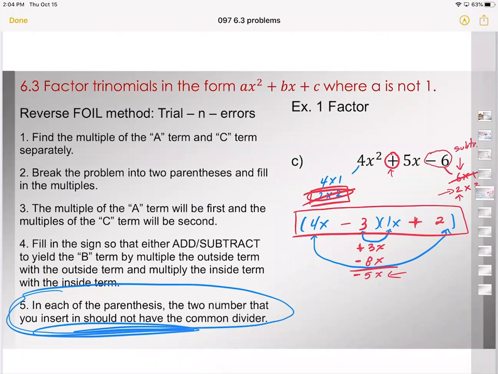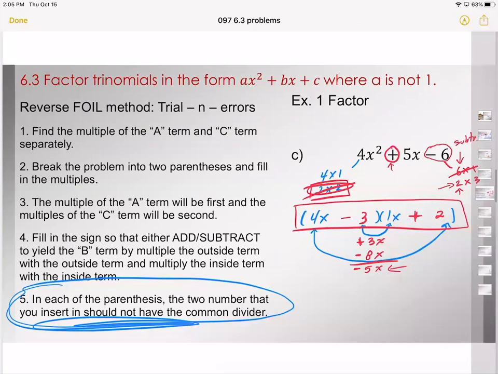And I mentioned step 5 is the most important step in order for you to be successful with this method. Step 5 is the one thing you want to look for a lot, in the sense that you cannot put the common divider in one parenthesis.